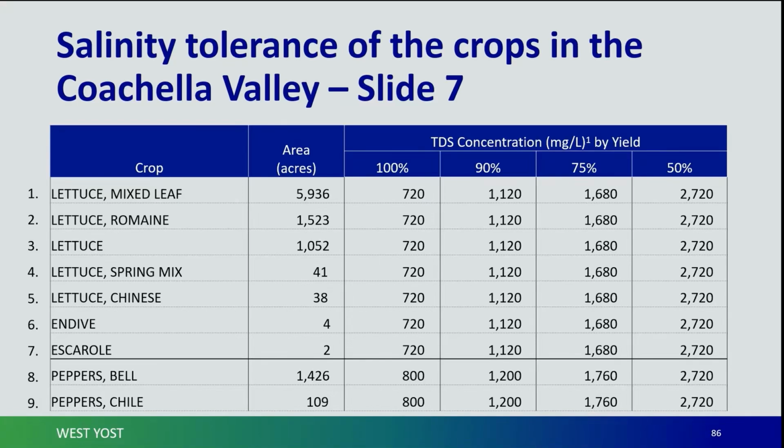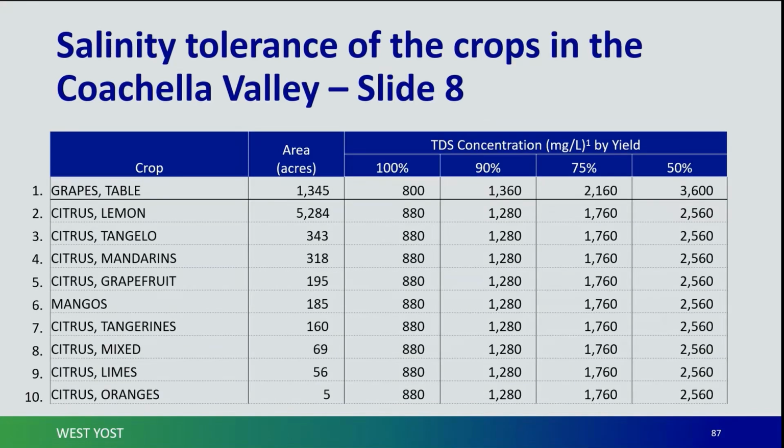I think we can go to the next slide. Here's another great example of a set of crops that are all bundled together. All the citrus crops and mangoes as well are combined and all have the same concentration. If you're wondering what the order of these is, it's based on the concentration and the acreage.